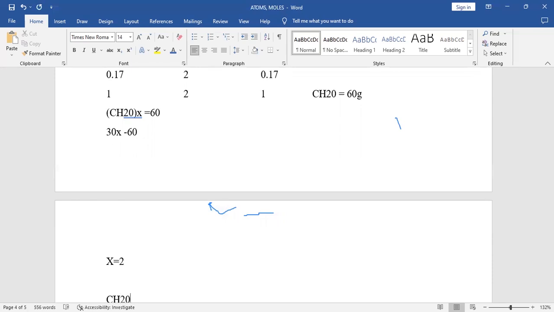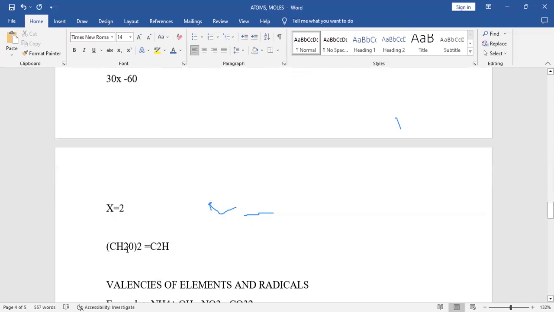But to get the molecular formula, you multiply everything inside the bracket by the x we have gotten now, which is 2. So that means the molecular formula will now become C2H4O2. Multiply the 2 by the 2 outside, 2 times 2 is 4, then 1 times 2 is 2.